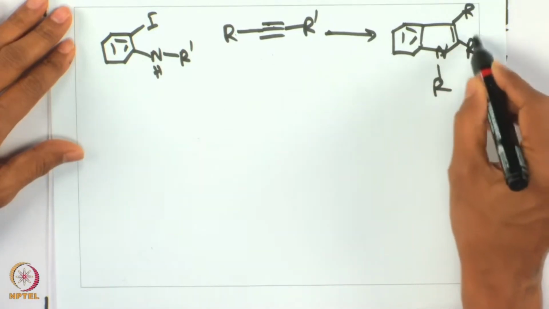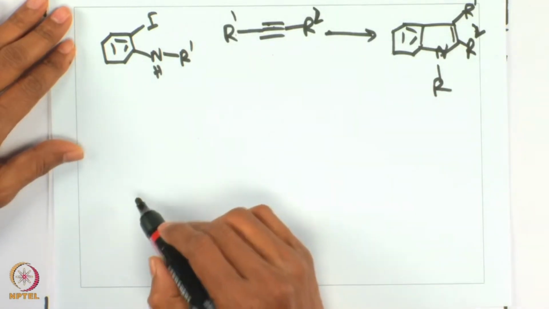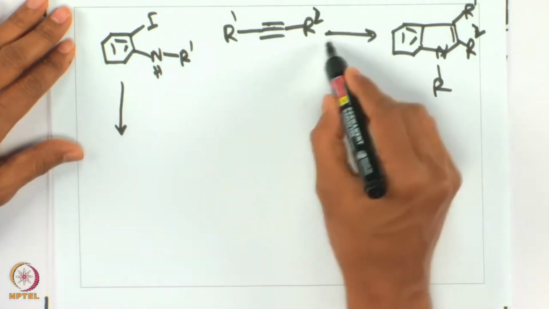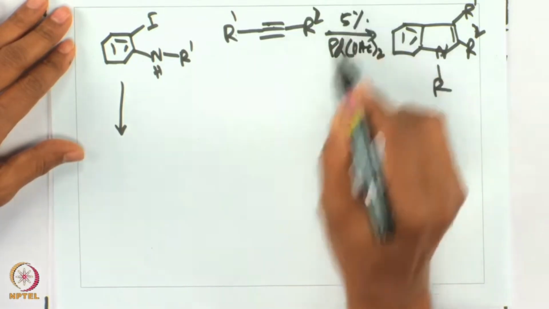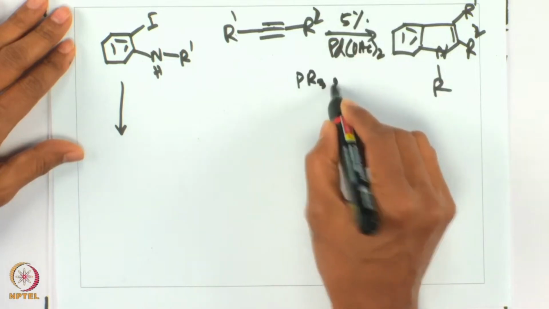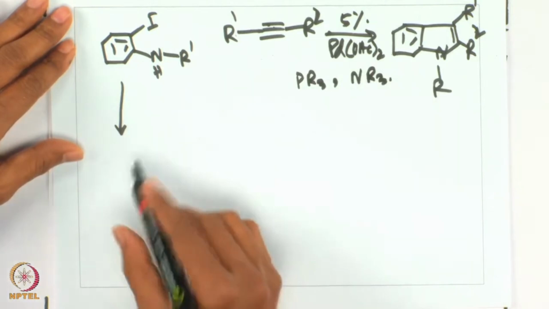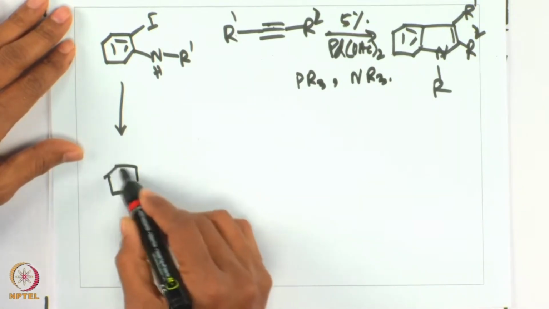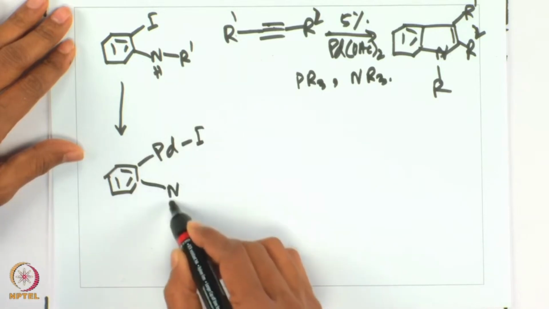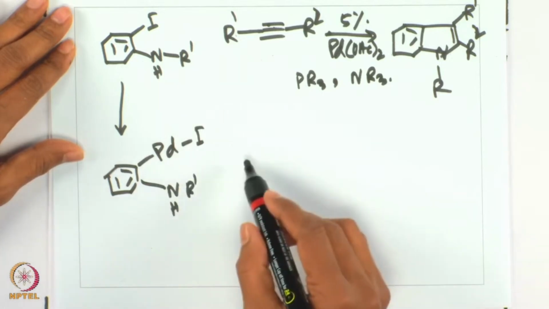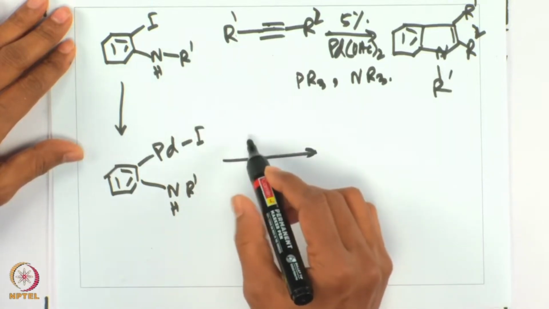Okay. That is a very simple yet very powerful reaction for this class. What is essentially happening? Of course, we take palladium acetate in this case, 5% of it, and we take a phosphine ligand and an amine as base. This reaction works quite well. What is definitely happening in these cases is oxidative addition occurring to give the palladium oxidative addition intermediate, and from there on we have a beta migratory insertion.